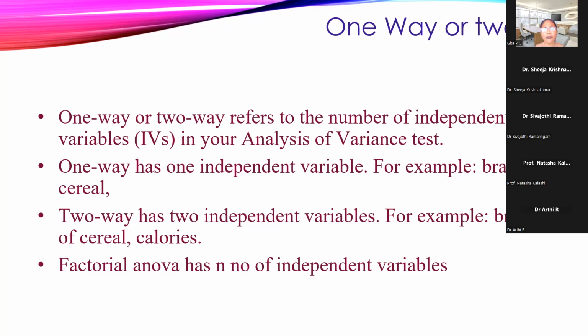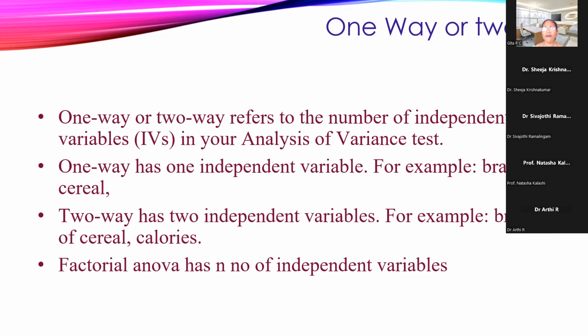Supposing I have more than 2 categorical variables. I'm not talking about groups, I'm talking about variables. Variables have groups within them. For example, treatment is a variable, gender is a variable, marital status is a variable. Within these, you will have different groups.